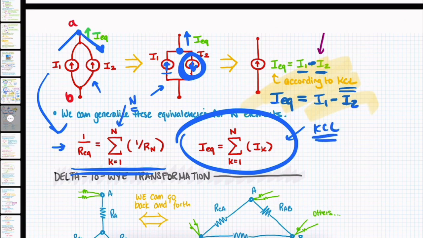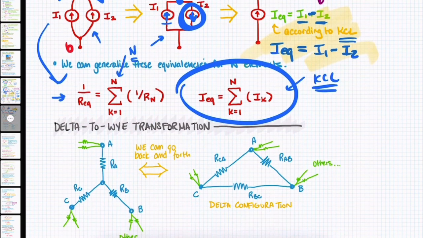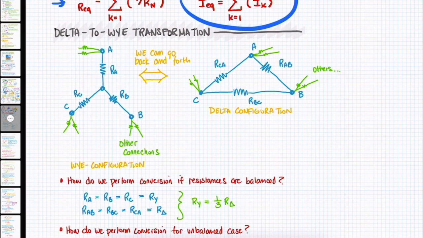Okay. Now, Delta-To-Wye conversions or transformations. The parallel and series equivalencies allow us to simplify or expand a circuit based on the fact that we know these certain equivalencies exist. We learned 4 of them, right? There's series and parallel equivalencies for resistances, which will later on expand to impedances.